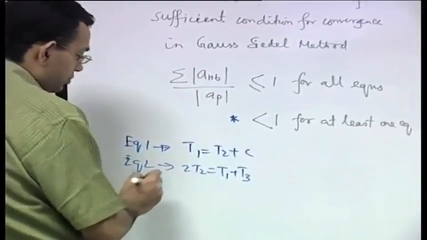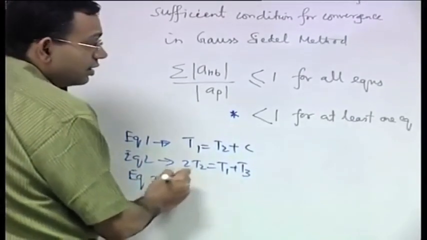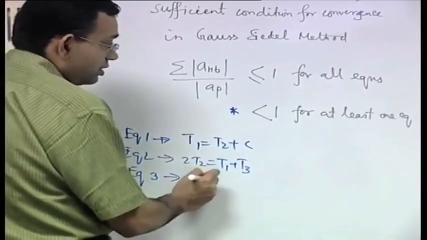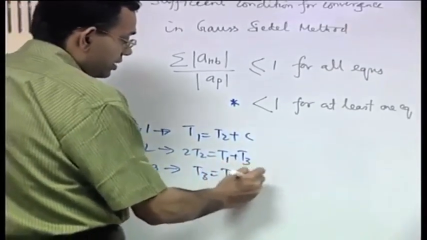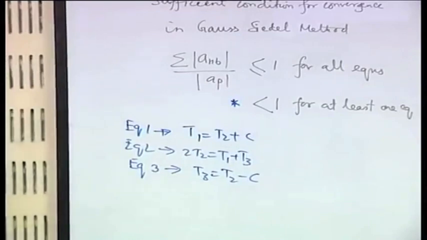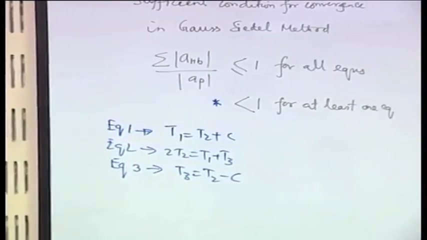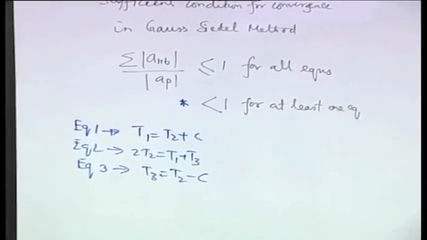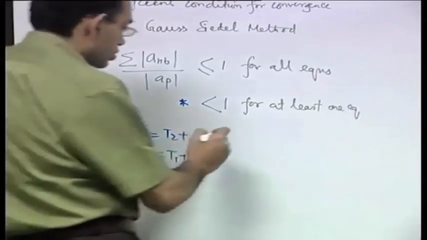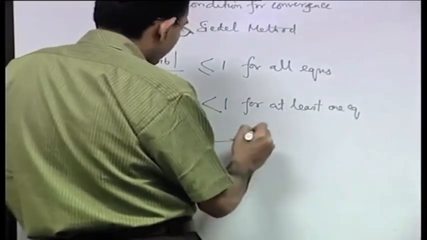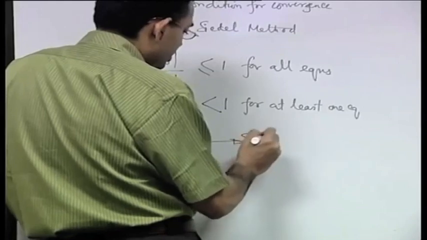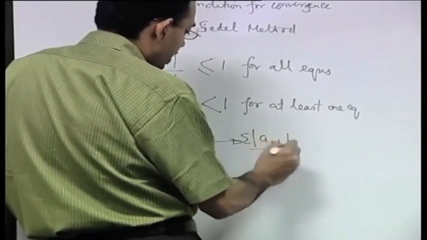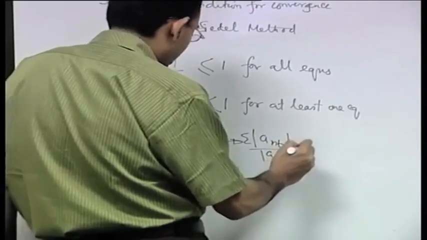Equation 3: T3 is equal to T2 minus C. So what is the corresponding summation of mod of A nb by A p for equation 1?